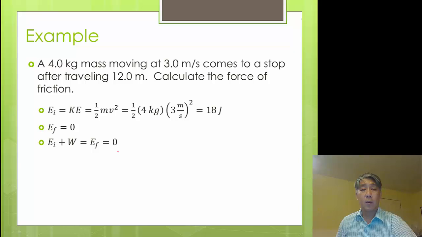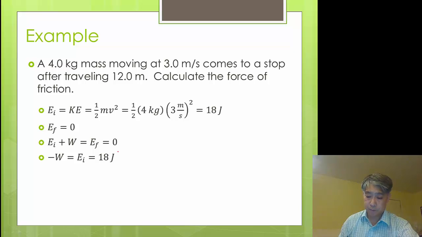And the work done, therefore, must equal the change in my energy, okay? Or 0 minus 18 joules. Since my initial energy is 18 and my final energy is 0, W then must be equal to my initial energy, or also 18 joules.